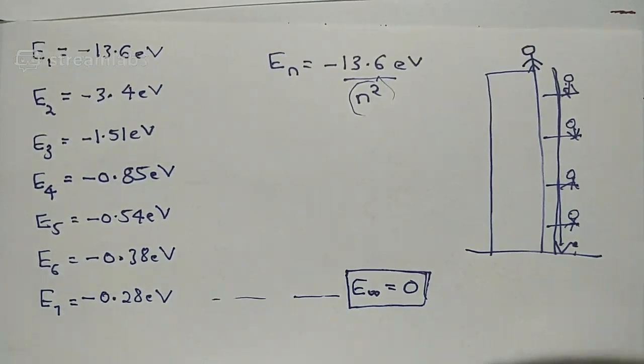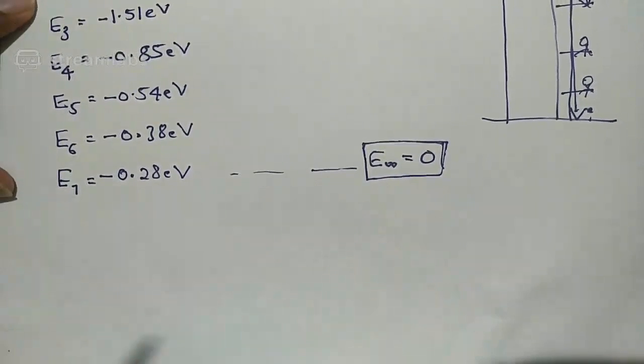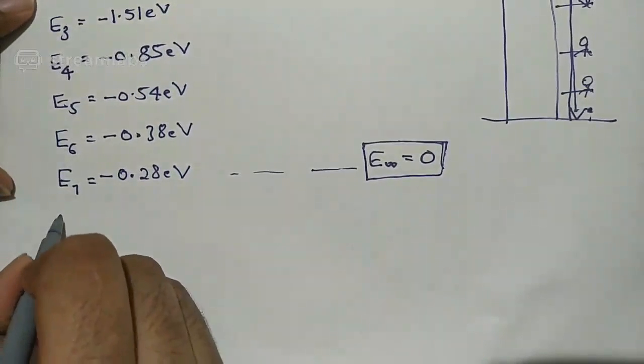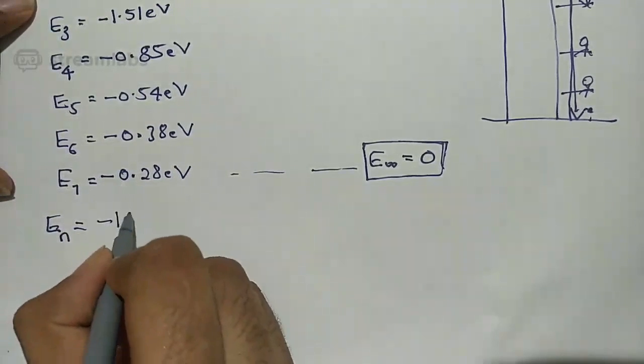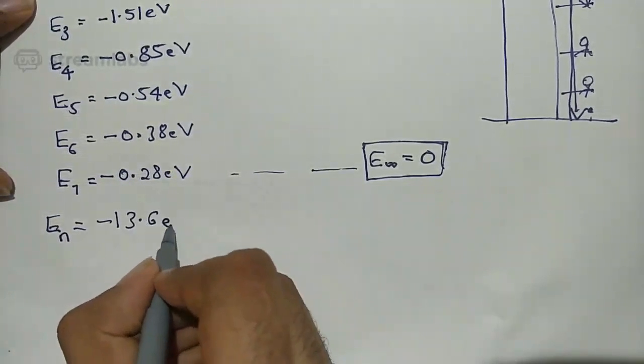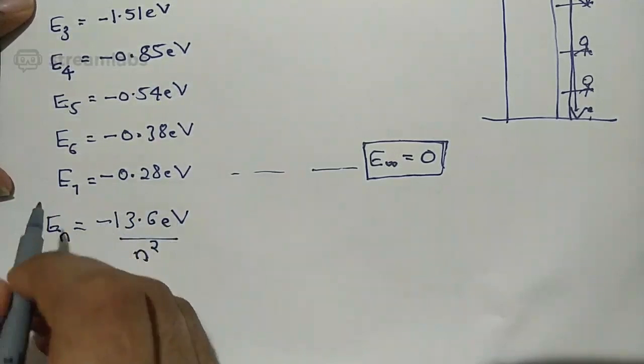Further, I have told you all this for hydrogen atom. If it is a hydrogen-like atom, what you have to do? It's very simple. If you look at the expression for energy, for hydrogen atom it is minus 13.6 electron volt by n square.